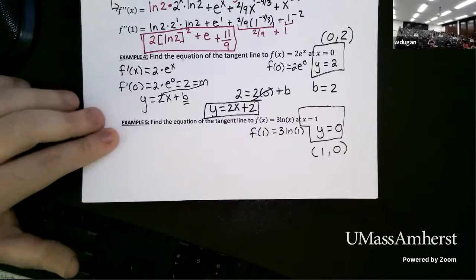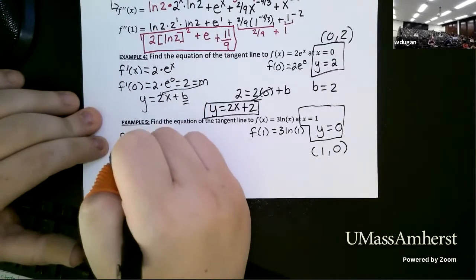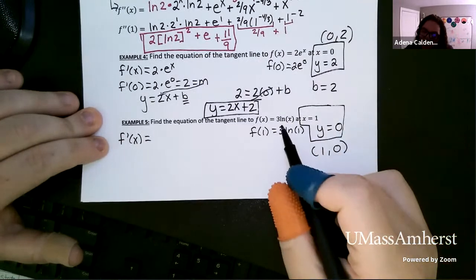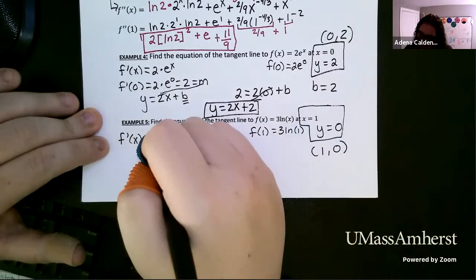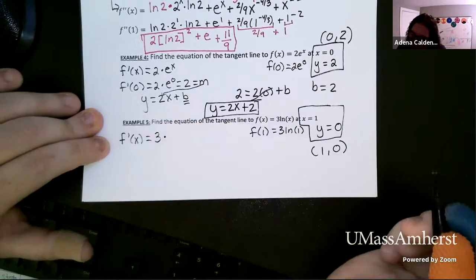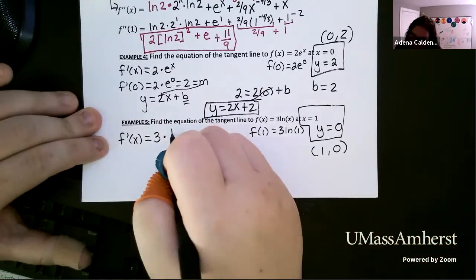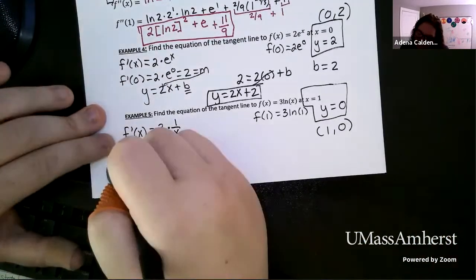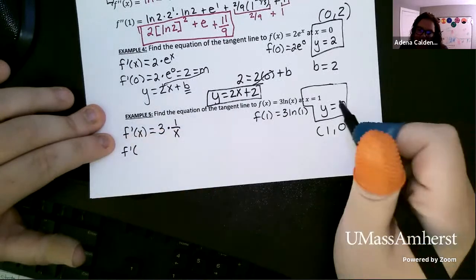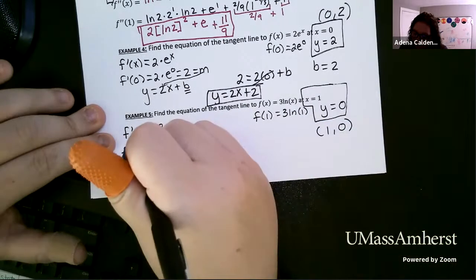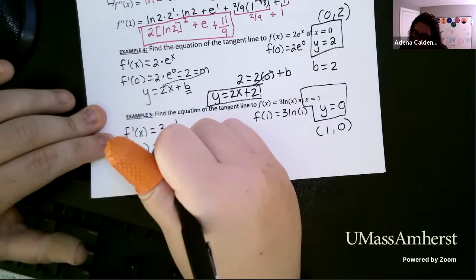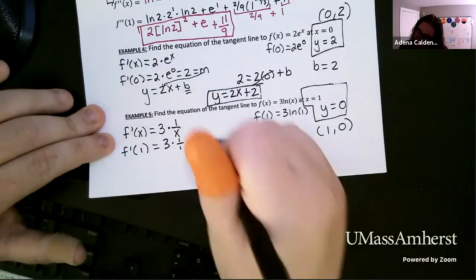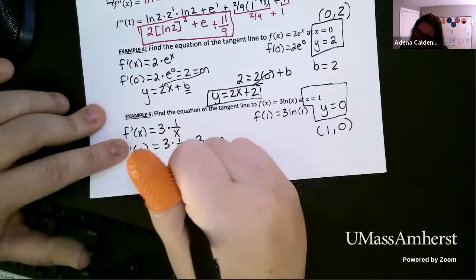Now I find the slope of my tangent line by going through the derivative. So I take the derivative of 3 ln x. The 3 is a constant multiple, so I'm going to multiply that by the derivative of ln x, which is 1 over x. Again, I need to plug in the value of x that I'm interested in considering, which is 1. So I have 3 times 1 over 1, which gives me a value of 3, which again is the slope of my tangent line.